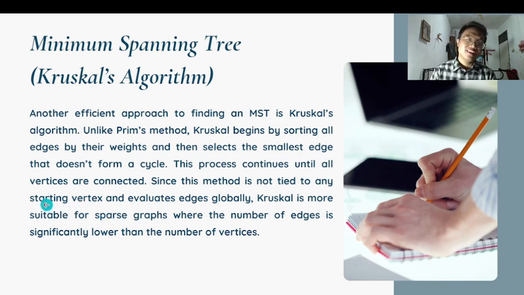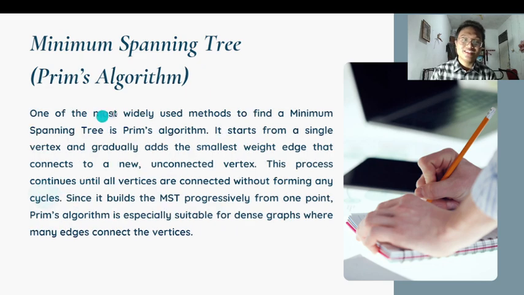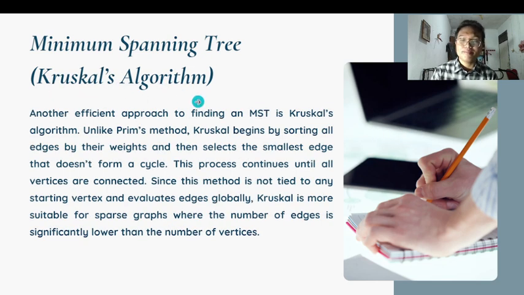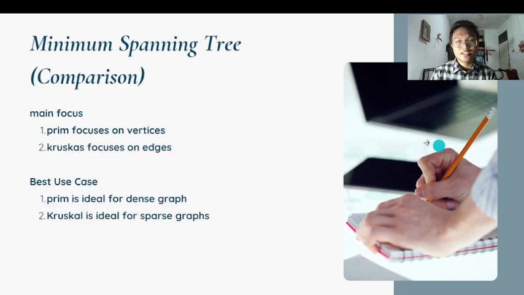But then again, for more specifics, what is the difference between Prim's algorithm and Kruskal's algorithm? Here I will go over the differences. Here I just take two main differences: main focus and best use case. In the main focus, Prim's algorithm focuses on vertices, and Kruskal, sorry for the misspelling here, Kruskal's algorithm focuses on edges.